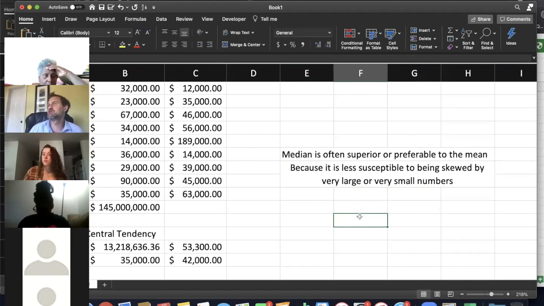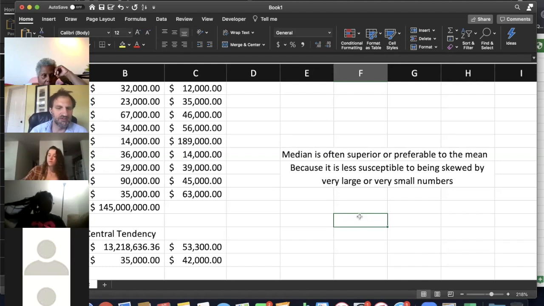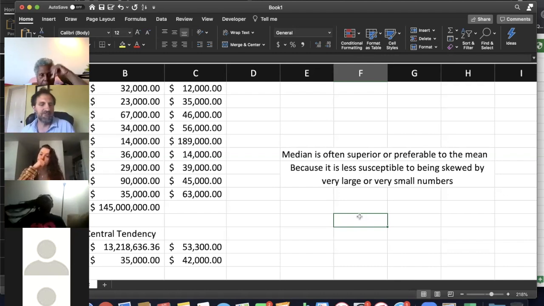We can imagine that, even in the state of Indiana, which is just this little state in the Midwest, there's still houses that are worth millions of dollars in Indiana, right? We're not talking about Beverly Hills, but there's still houses in Indiana that are worth a lot of money. If you just add that into the pot and then divide it up, what it does is it skews the average.